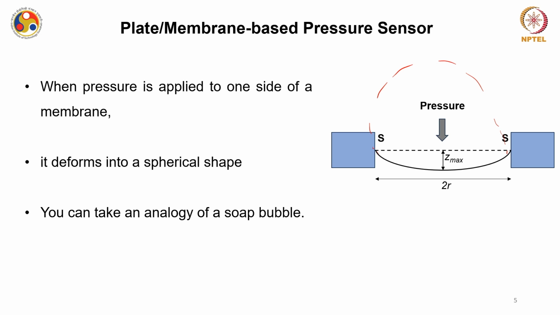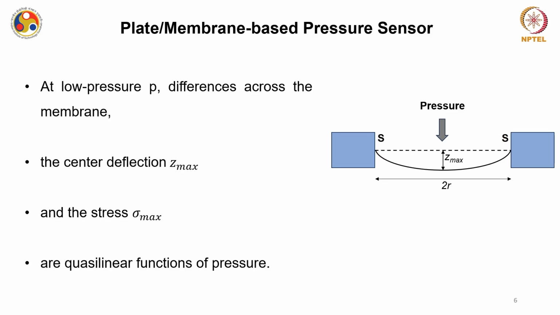At low pressure differences across this membrane, the center deflection Z max and the stress, say I am calling it sigma max, are quasi-linear functions of pressure.